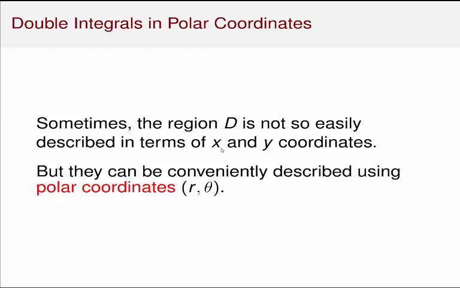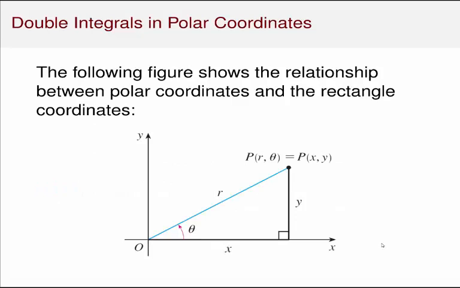So later on in the course, we'll look at how to convert a double integral in the usual X and Y to that in the polar coordinates. Anyway, for now, let us look at how to describe certain regions in terms of these polar coordinates.